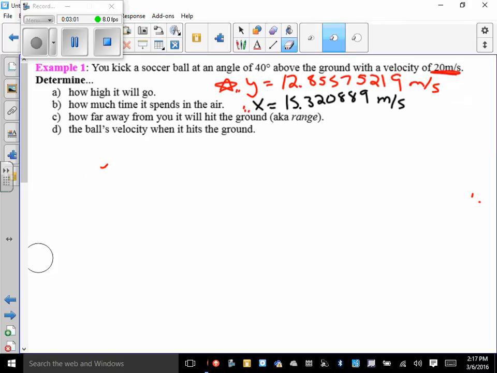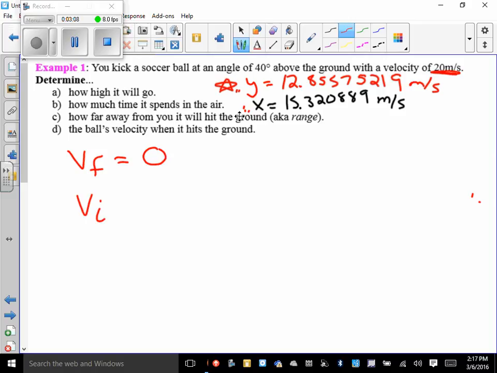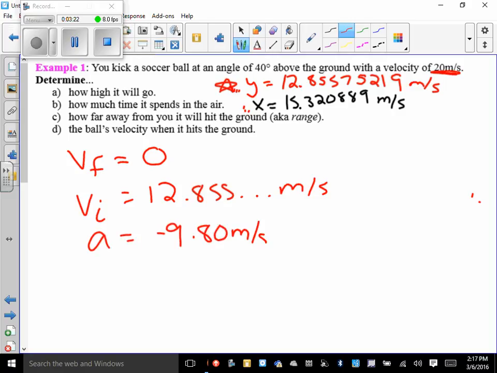Looking at it vertically, my V final is going to be 0. My V initial vertically was 12.855 and all that change. My acceleration due to gravity is still negative 9.8 meters per second squared.